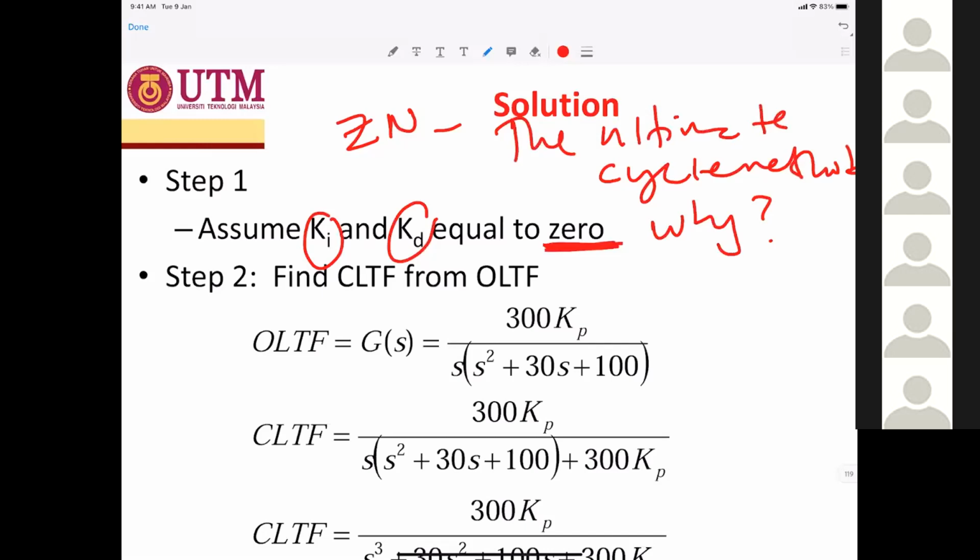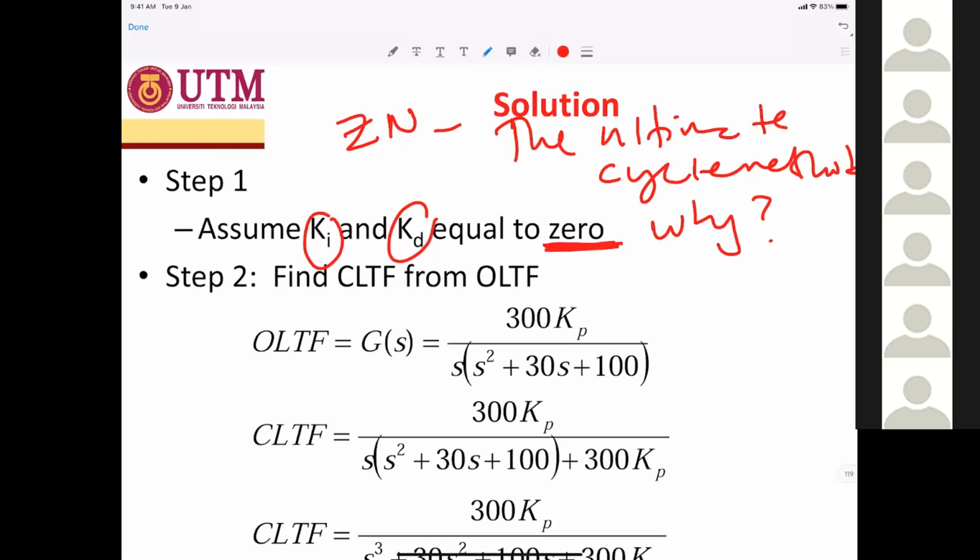Haikal, not here. Safwan, not here. Abdul Rahman, not here. Alisha.